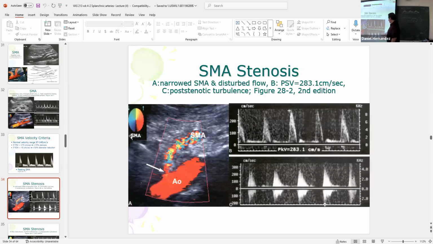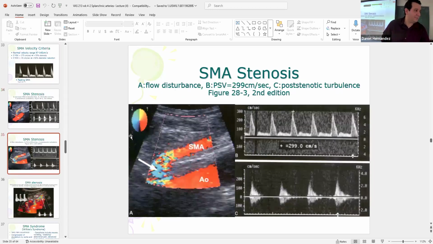Elevated velocities a little further down. They got turbulent blood flow represented by the turbulence below the baseline there. And 299, almost 300. The post-stenotic turbulence a little further distal.